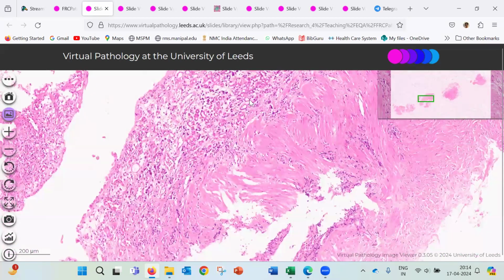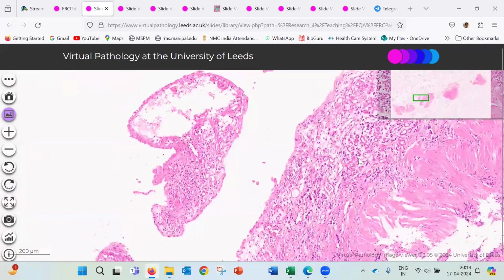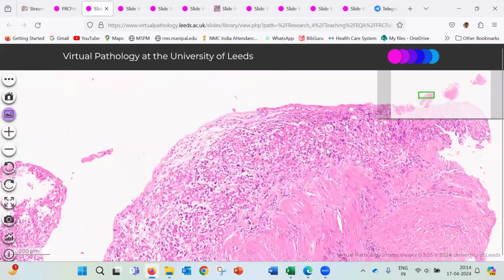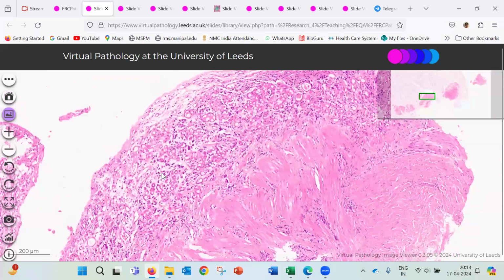So how will you prove it? You will do a PAX8, you will do an AMACR to exclude the possibility of any prostatic lesion, and you say that I expect it will be PAX8 positive, and this is reactive in nature, because these are mostly seen under some chronic irritation.